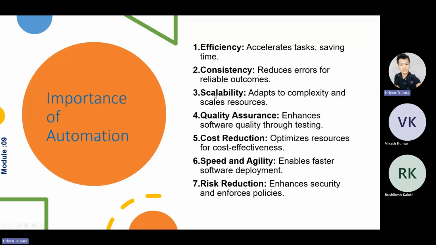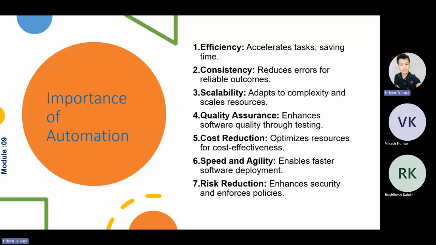Then scalability, obviously. We have to scale, and we can do it: adapt to complexity and scale resources. You can scale any kind of resources as and when you require. Quality, obviously, like I mentioned, is good because you will have fewer errors with automation.